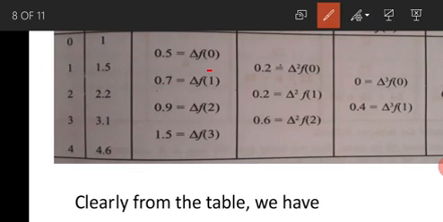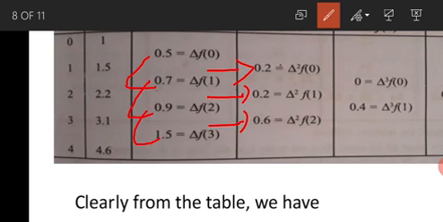Similarly, if you take the difference of these two, that is 0.7 minus 0.5, we are going to get 0.2. If you take the difference of 0.9 and 0.7, we are going to get 0.2. If you take 1.5 minus 0.9, we are going to get 0.6, right?